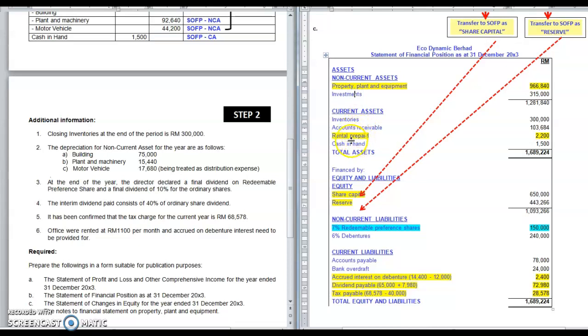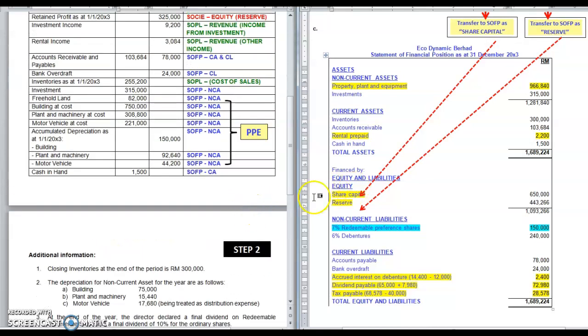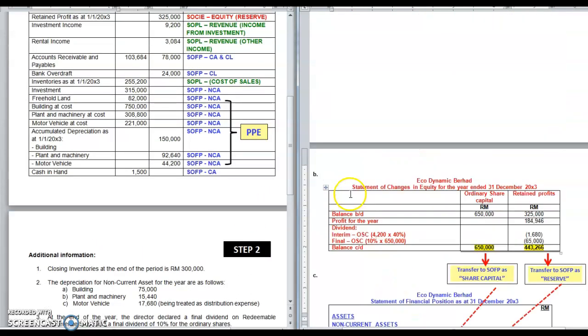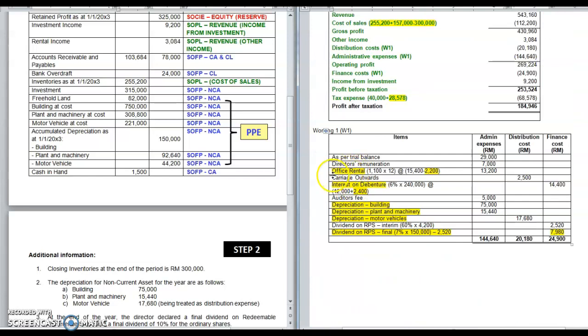Therefore, for any changes due to the adjustment, you need to report it accurately. As an example here, rental prepaid is the result of the adjustment for additional information number 6, where the double entry we have also reported in the statement of profit or loss, as shown here.